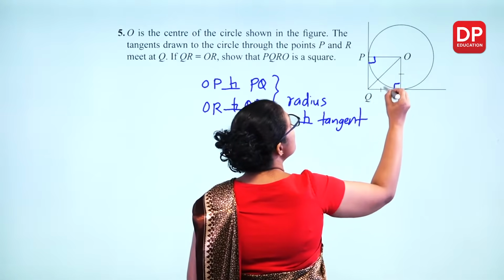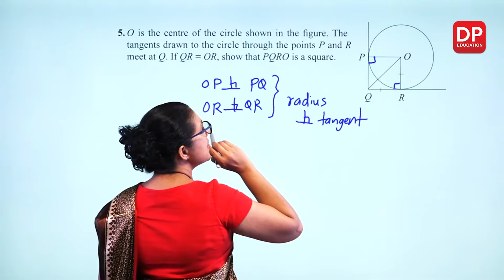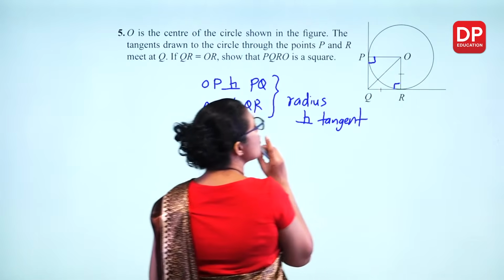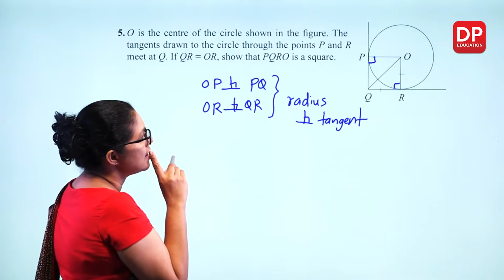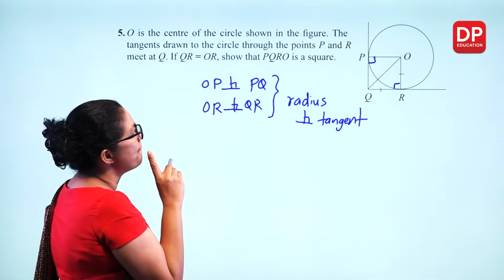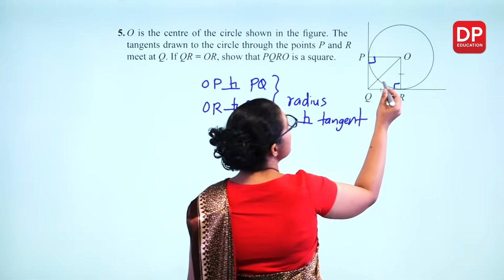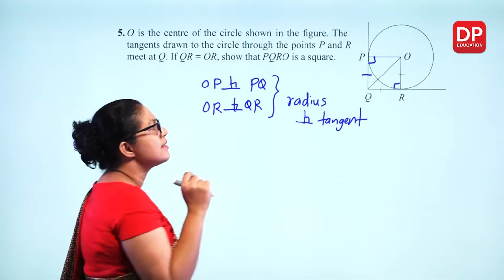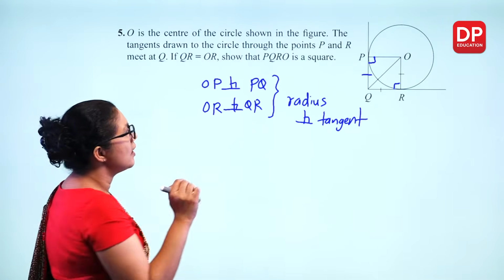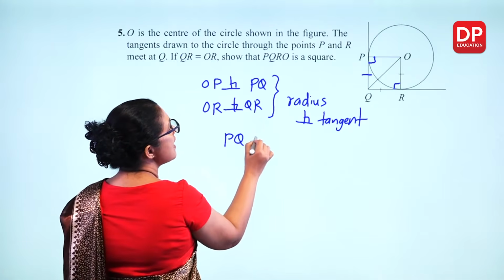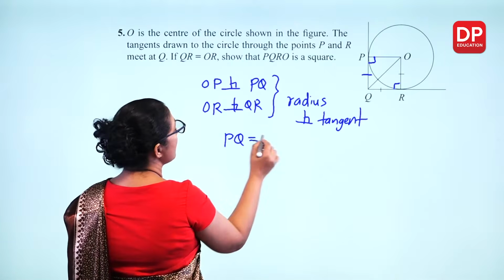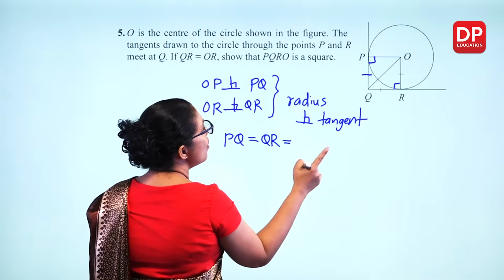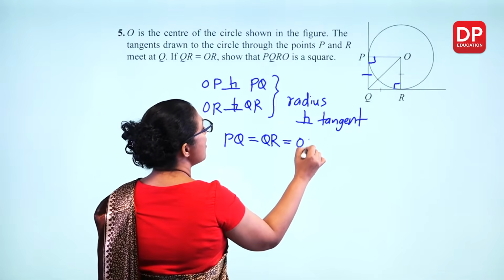And these two lengths are equal means we have to show that these two lengths also equal. What else we can say? This length is also this length because two tangents are equal. So PQ is equal to QR, but it's equal to OR as well.